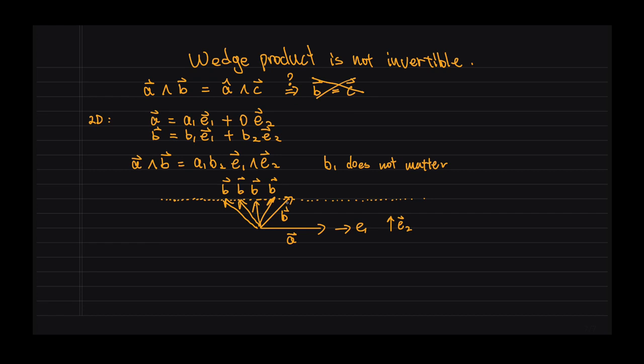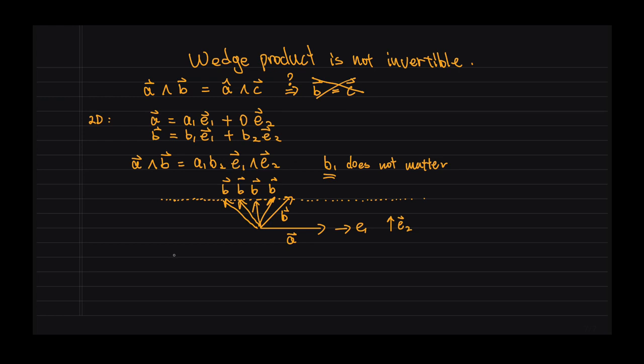if the vector B is changing over this line, the only thing that changes is B1, not B2. And if you look at this expression, B1 is not involved, so B1 can be anything and give you the same bivector.